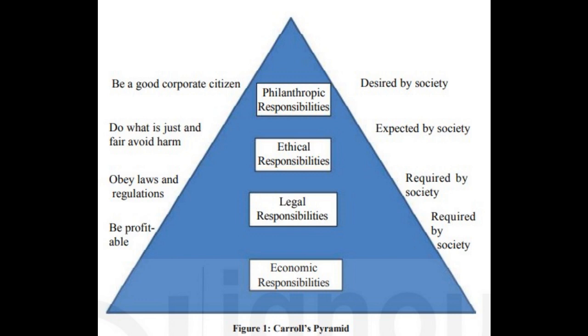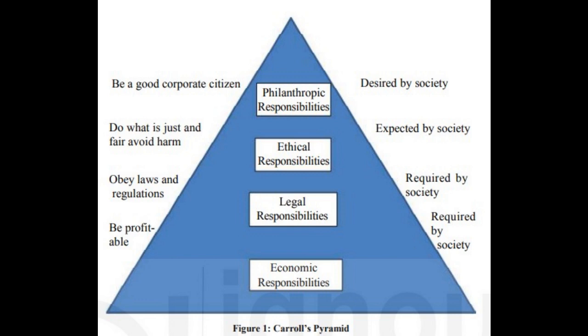Thirdly, business is expected to operate in an ethical way to avoid causing harm to any stakeholder and always do what is just, fair, and right. Finally, a business is expected to be a good corporate citizen and provide any financial, physical, or human resource contribution to the communities within which it operates.